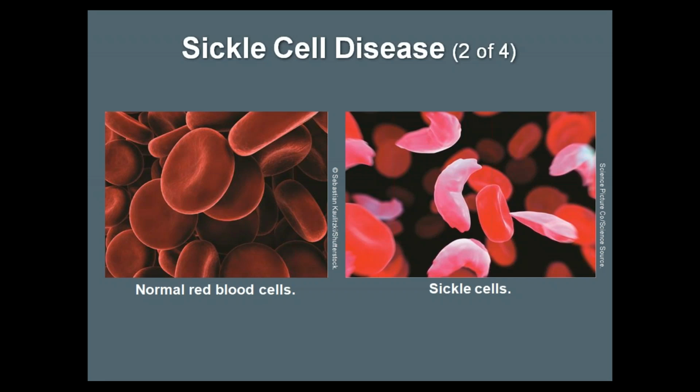The surface area is much smaller, so they don't have the properties to carry as much, good or bad stuff. And they have a greater tendency to cling together. So that's some of the symptoms you'll have.